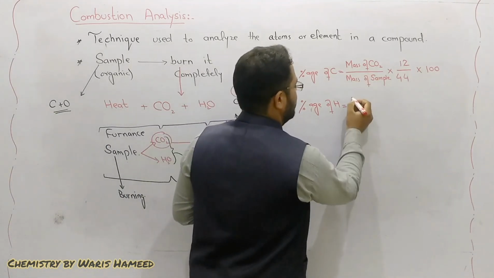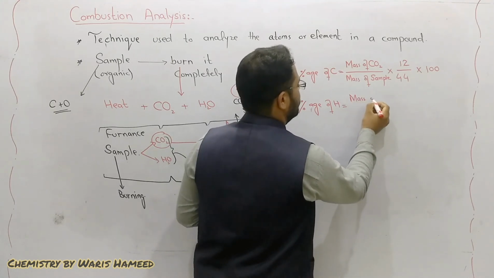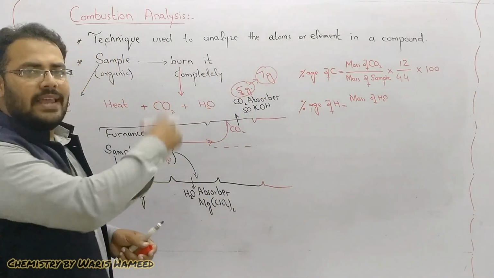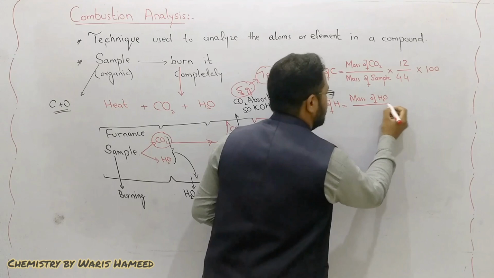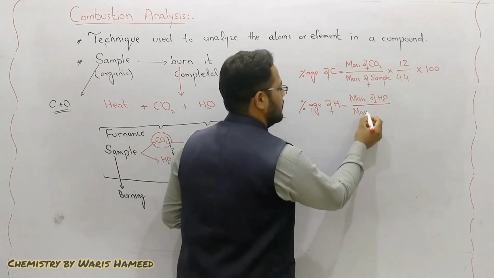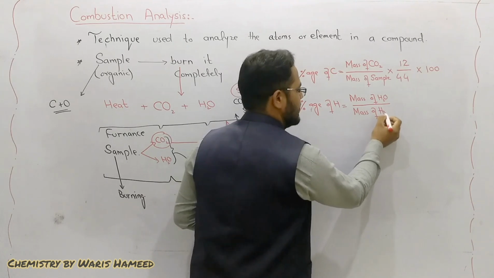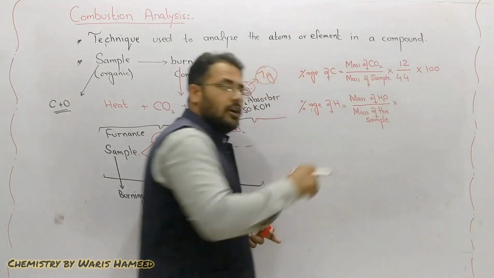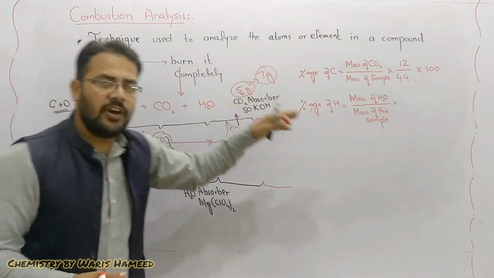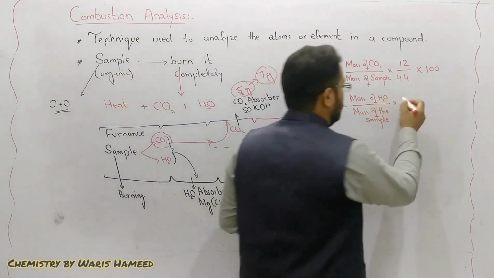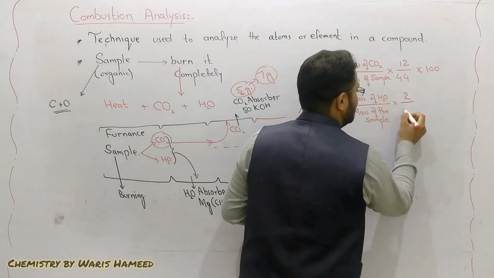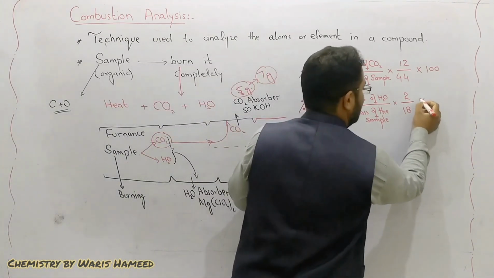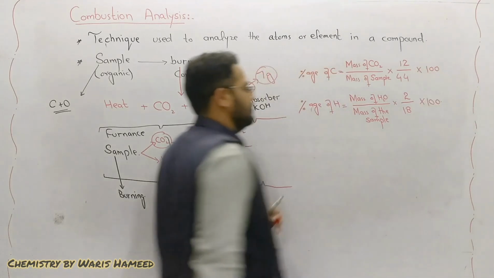Then the mass of water that is formed during combustion analysis divided by the mass of the sample, multiplied by 2 over 18, because we have to take the hydrogen from the water molecule. And for percentage, we multiply by 100.